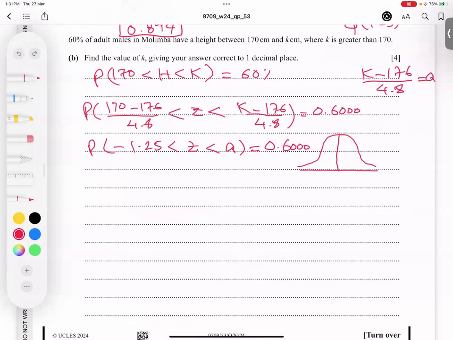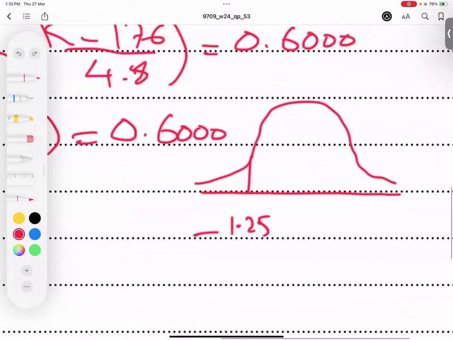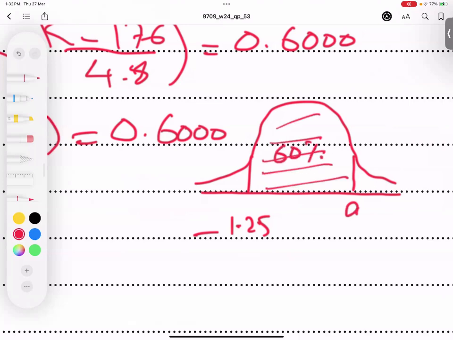So how is it possible? I have two options. This is naturally negative for sure, so I'm writing negative 1.25. The other could be positive or negative. Is it negative here? The answer is no, because this cannot be 60%; it would be less than 60%. So we can be sure A is not negative, A is positive, and this area is actually 60%.